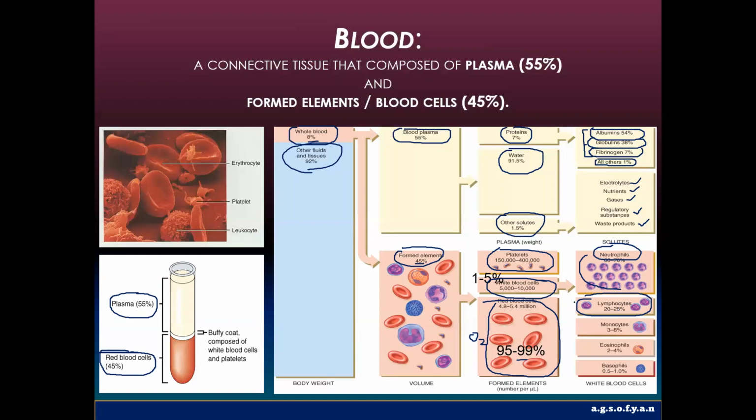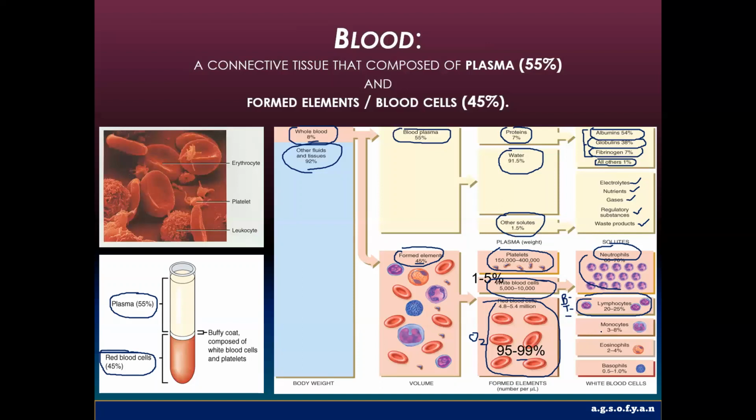Lymphocytes consist of 2 types, B cells and T cells. B cells produce antibodies. Antibodies are really important proteins that protect us against many diseases, and they are produced by the B cells. The T cells are the ones that mostly kill viruses.